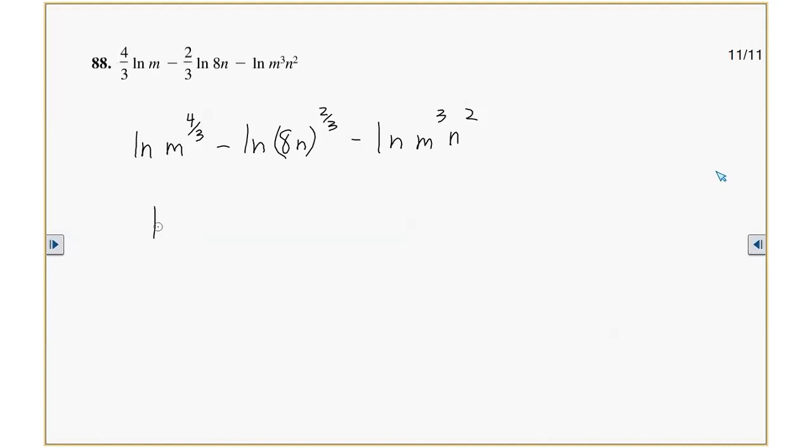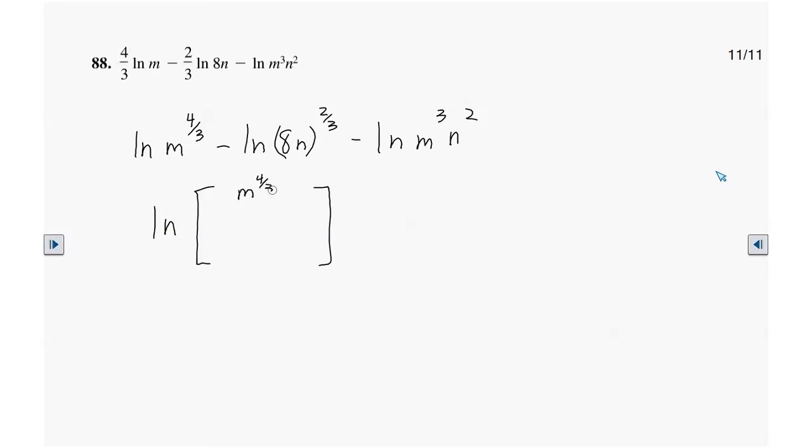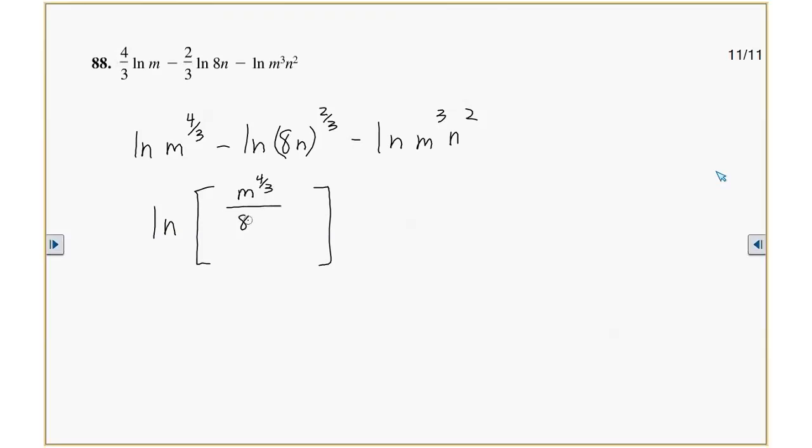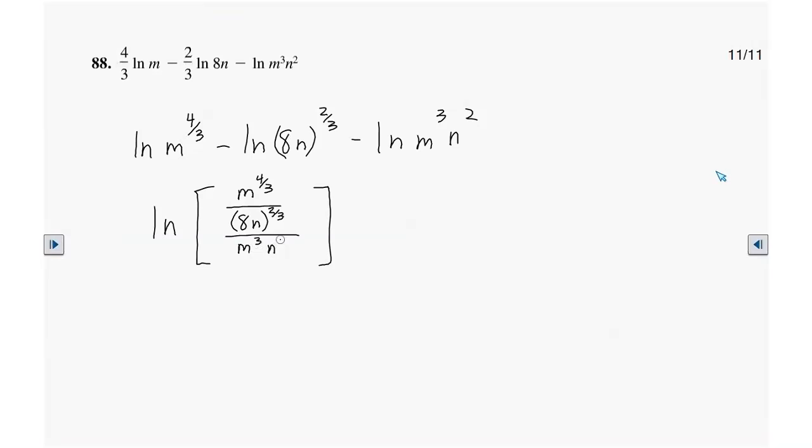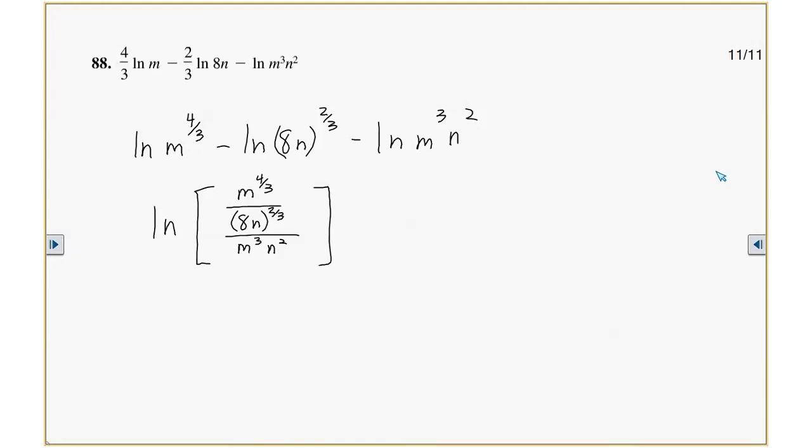I'm just going to put a big set of brackets because I'm going to write it as one natural log. And that's going to be m to the 4/3 divided by 8n to the 2/3 divided by m cubed n squared.